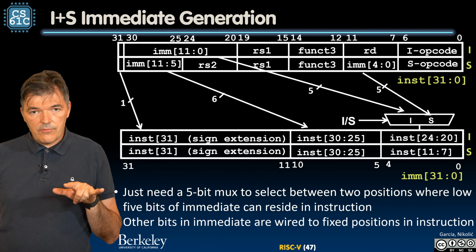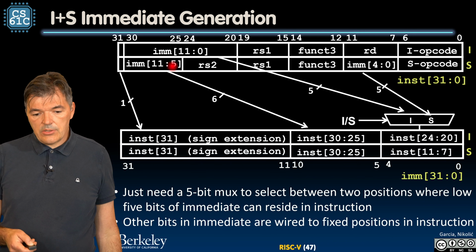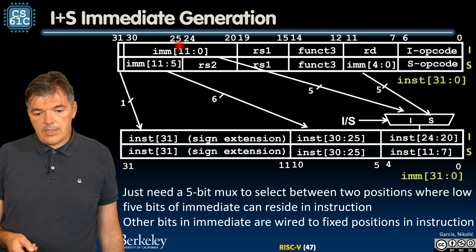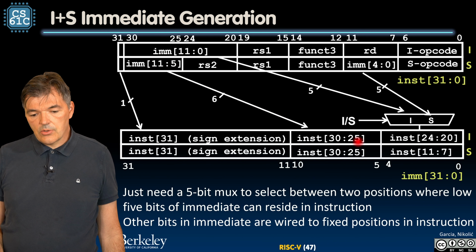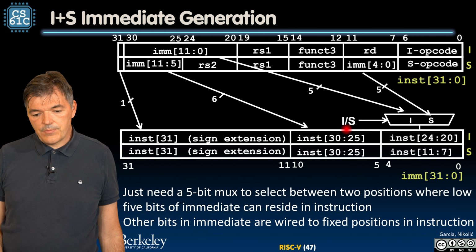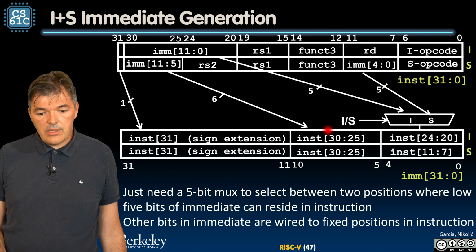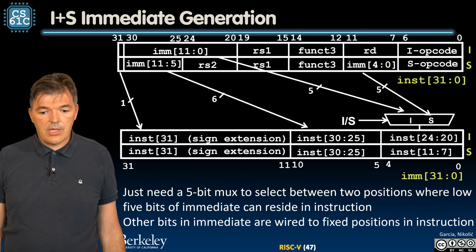They have the top 7 bits being the same. So whatever we have in the top 7 bits in both I-type and S-type instructions is going to go into the same spot, bits 6 to 11 of the new immediate, with the 11th bit extended all the way to the 31st bit for sign extension.